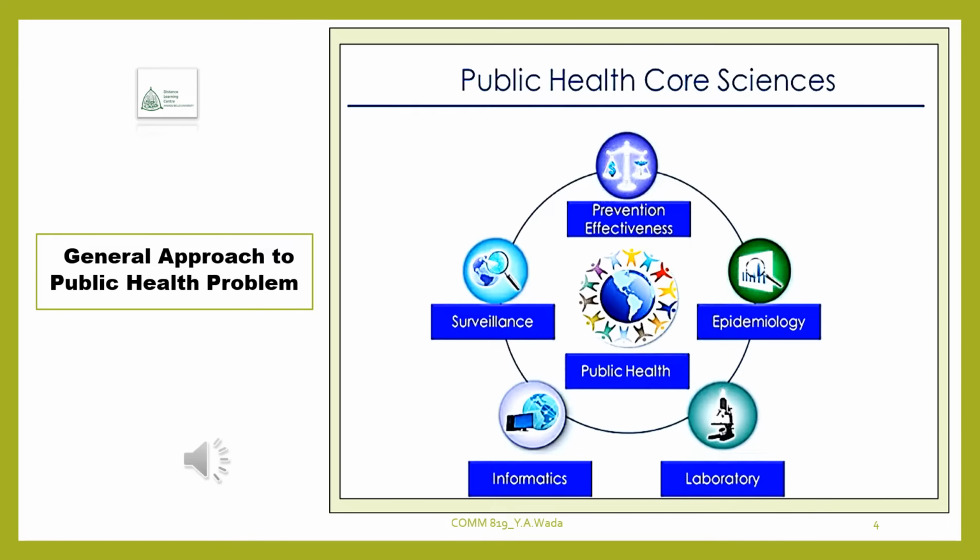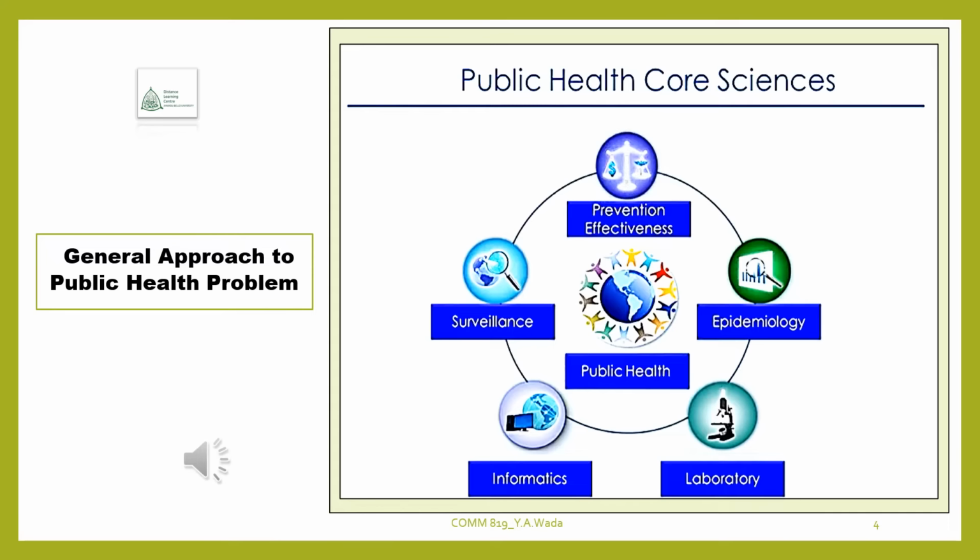Secondly, the science of epidemiology, which enables us to determine where diseases originate, how they move through populations, why they are moving, and provides us with the data and understanding of how we can prevent them.